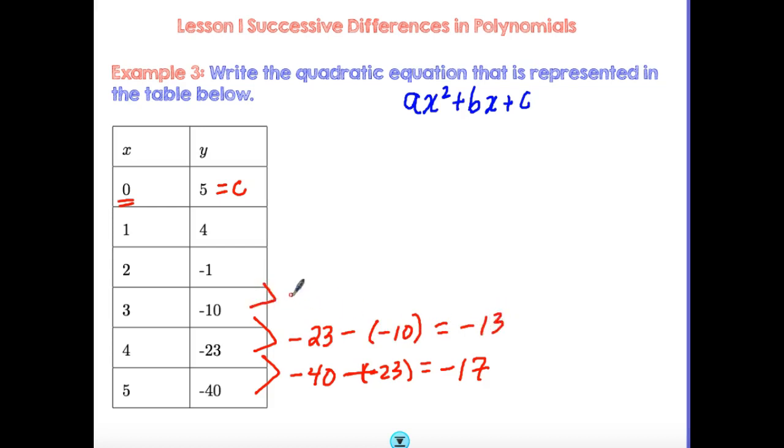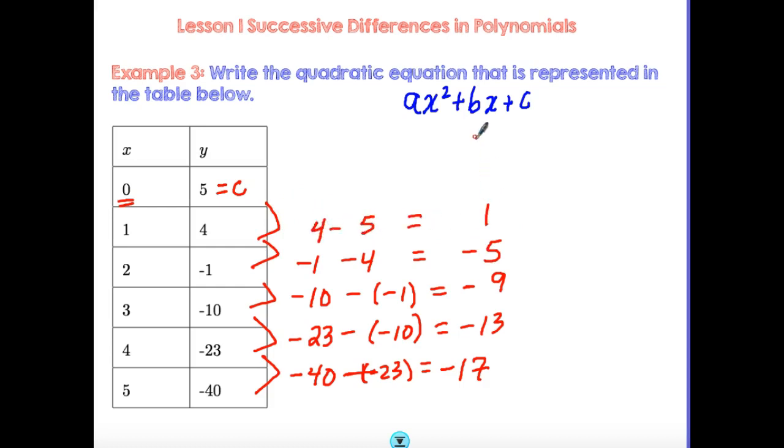And then you'd go negative 10 minus negative 1, which is negative 9. And then negative 1 minus 4, which is negative 5. And then you would have 4 minus 5, which is negative 1. Now these are the first differences. Okay, I wrote all those out because they were negatives. That's how you do it, so hopefully that helps.